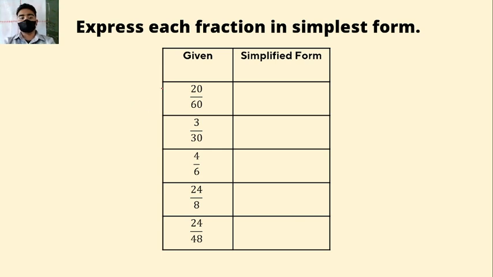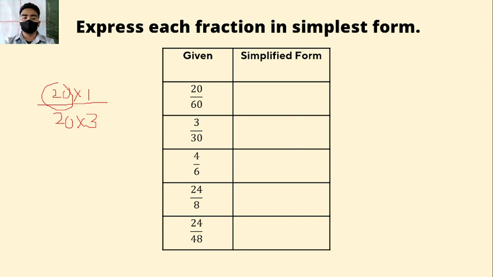The factors of 20 are 20 times 1, isn't it? And for your 60, it could be factored by 20 times 3. Alright, so the greatest common factor for your numerator and denominator is 20.